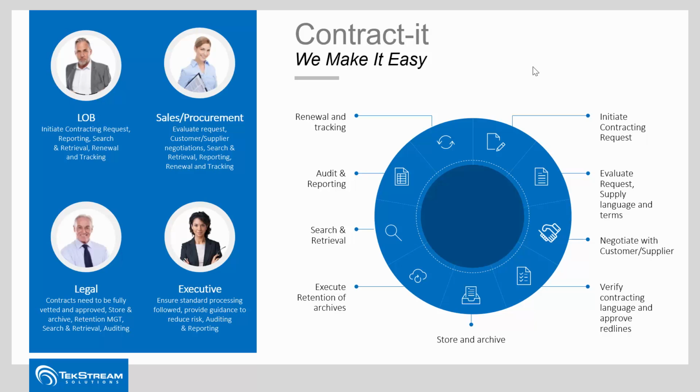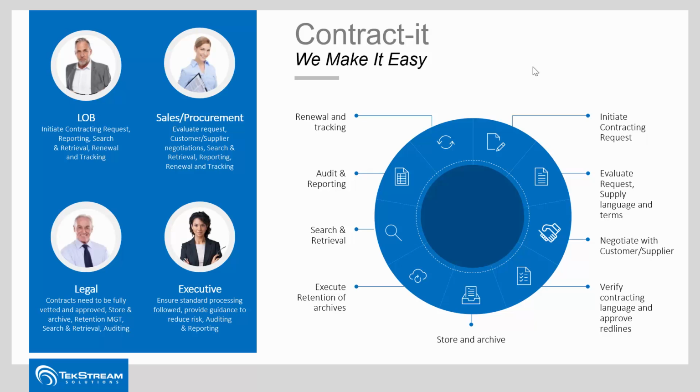Once you have that contract executed, you need to have a centralized repository that you can store and archive that information in that will allow you to apply retention schedules to those archives. A lot of times people will have rules such as certain types of contracts need to stay around for 7 years or 10 years or 20 years, depending upon the document types.